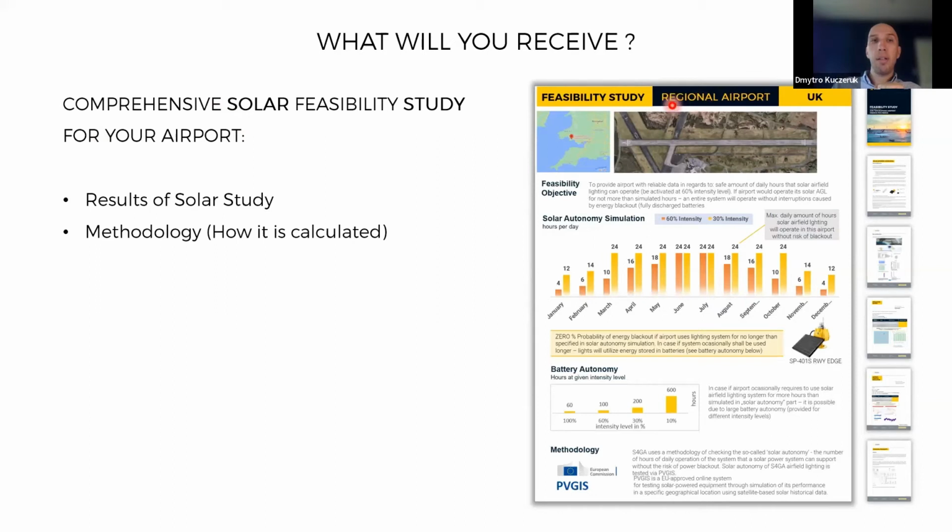It includes two parts. One is the result of the solar study, and part two is the methodology. So this allows the designer to really understand and appreciate how those results were achieved and adequately validate this information.